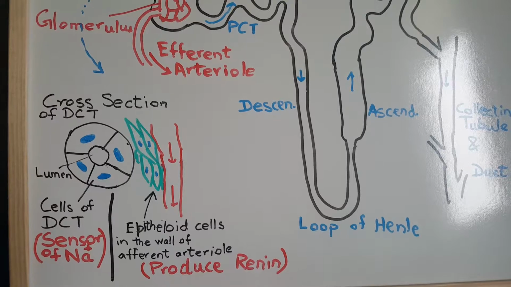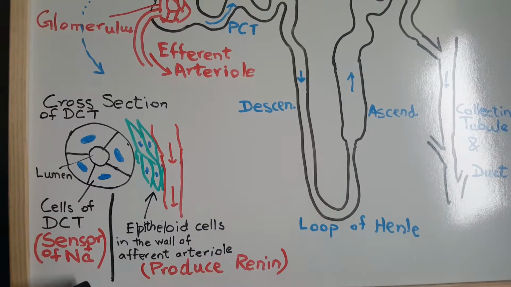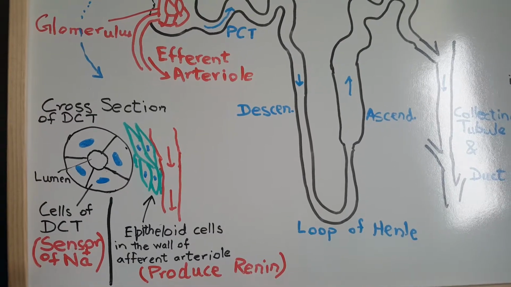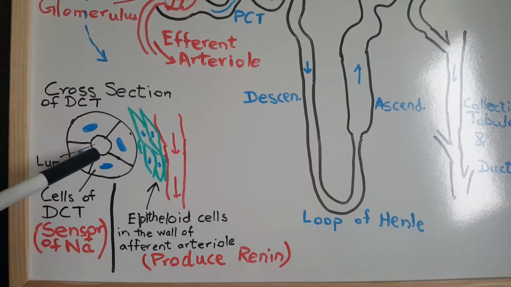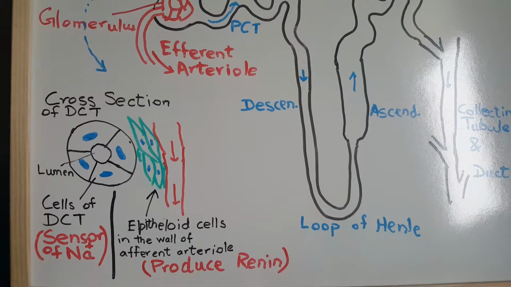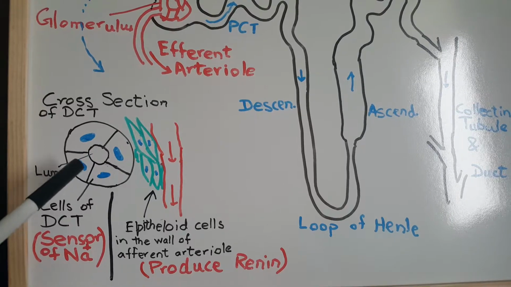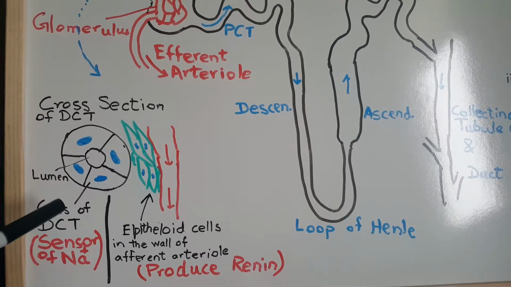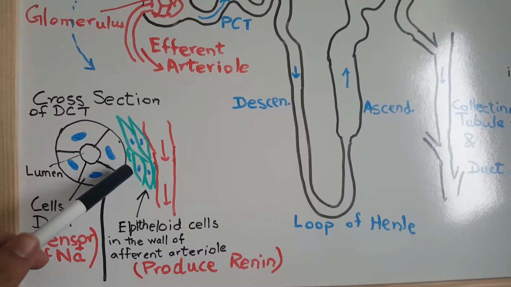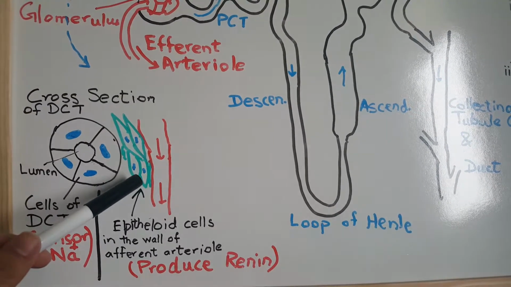This is the cross section of a distal convoluted tubule. This is its lumen. The cells of the distal convoluted tubule have a special ability to sense the level of sodium in the tubular fluid which passes through the distal convoluted tubules. Whenever these cells sense that there is a low sodium level in the tubular fluid, they send a signal to the epithelioid cells present in the wall of the afferent arteriole.